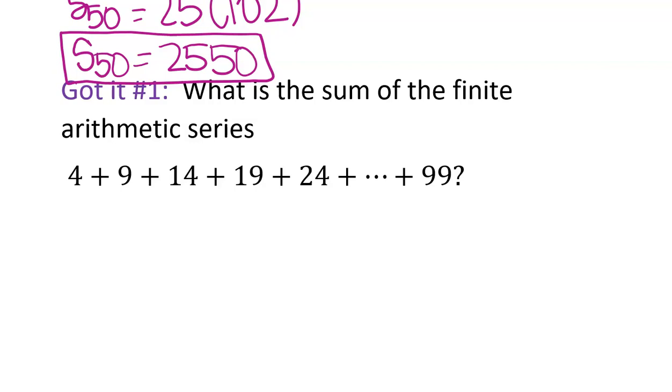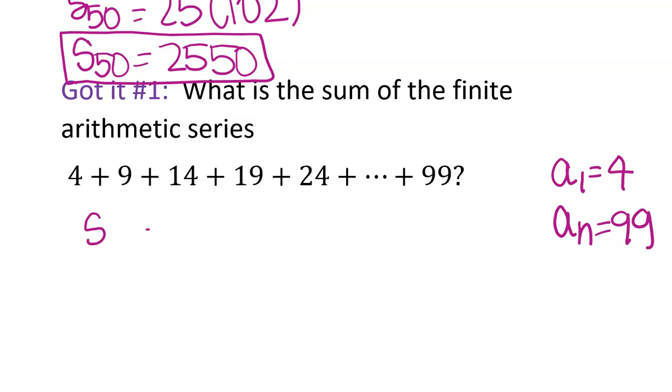What is the sum of the finite arithmetic series starting with 4, 9, 14, 19, 24, and so on? So again, we're looking for a sum. Our first term is 4, so A sub 1 equals 4. Our last term is A sub n, that's 99. Right now we don't know how many terms there are.